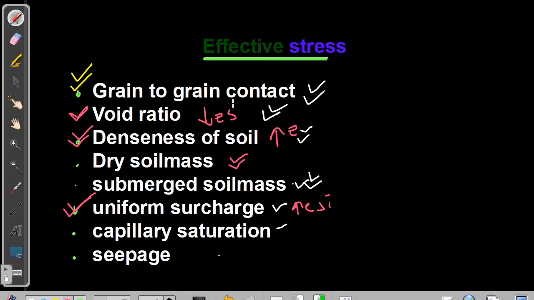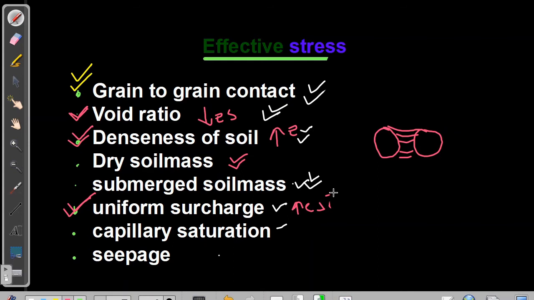What happens when there is capillary saturation? Submergence is different and capillary saturation is different, both are not the same.